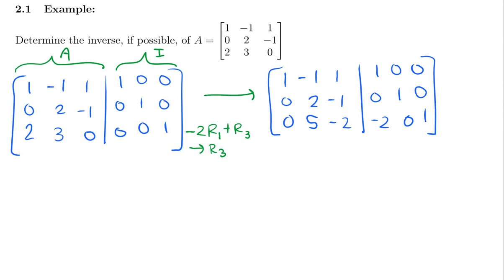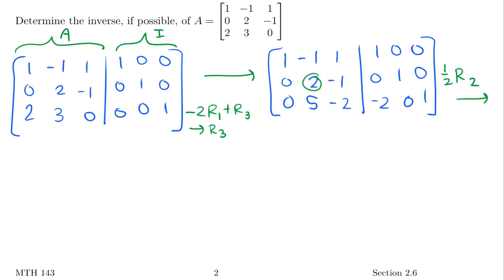Let's see, now we need to try to get a 1 in the 2, 2 position, so we need this 2 to be a 1, so we will do 1/2 times row 2, and that will give us the next matrix.